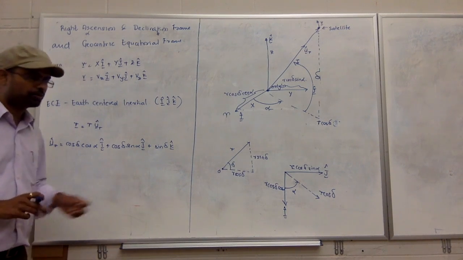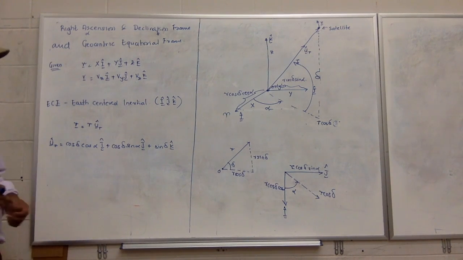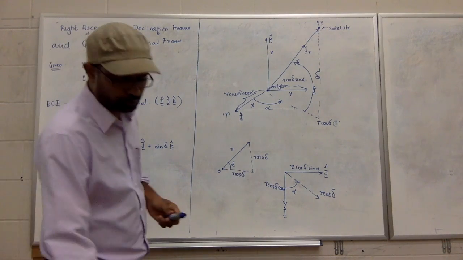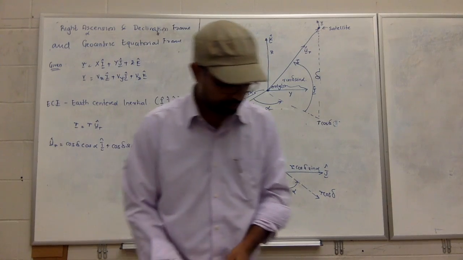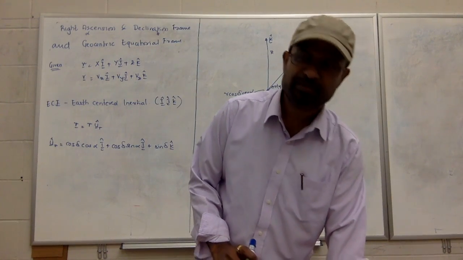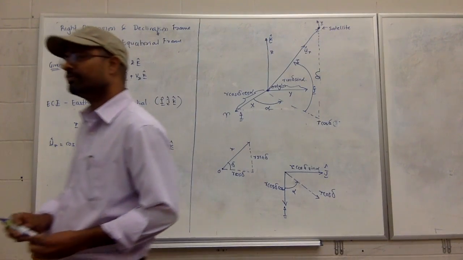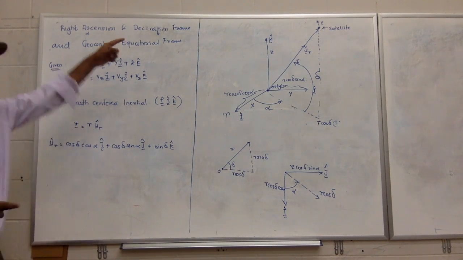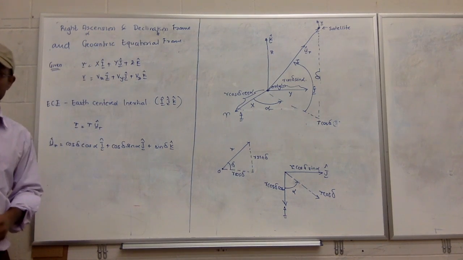So this is the relationship between these two frames. We'll look at an example. Will this always be the case for ECI, to right ascension and declination? This would be the relationship, always.